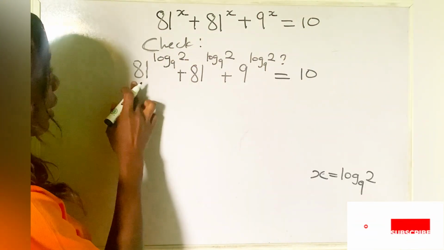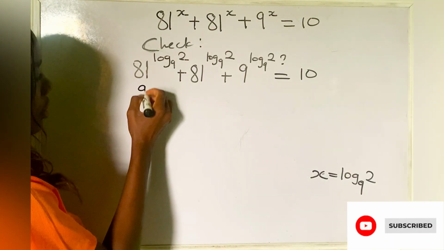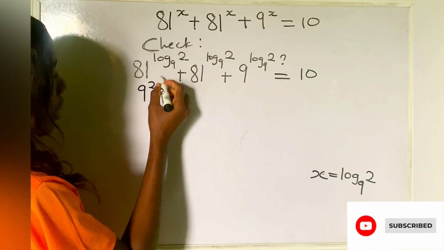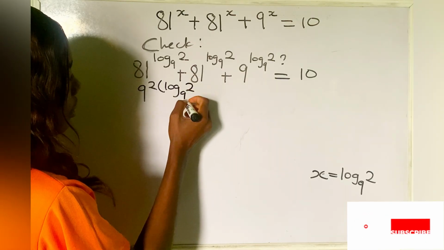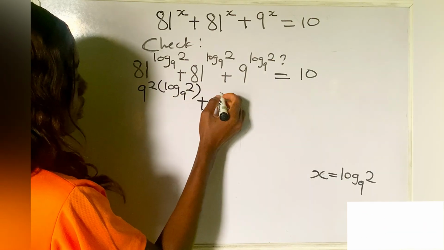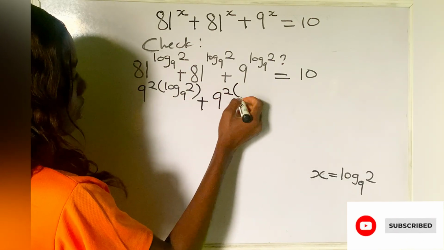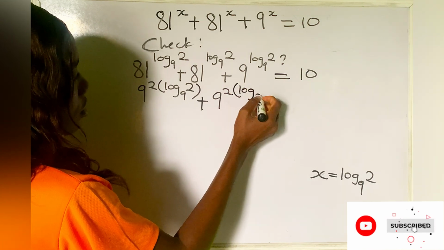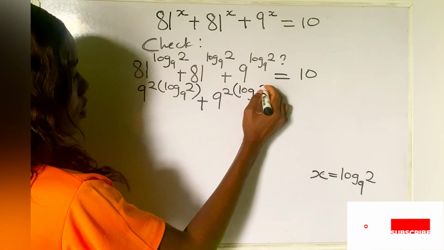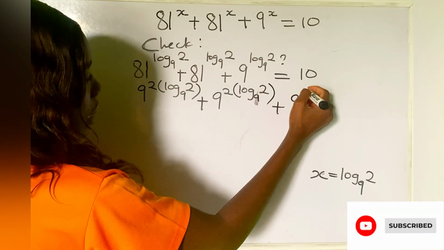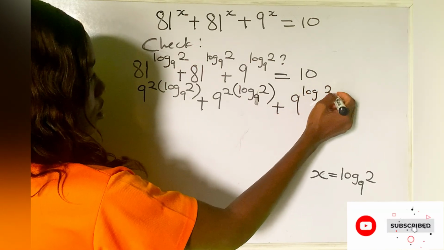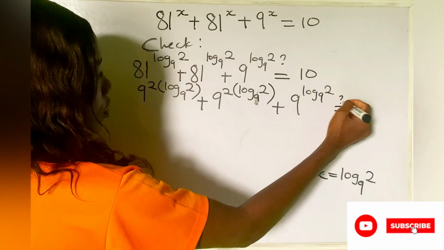Here we have 81 can be written as 9 squared. Then you have log 2 base 9, plus 9 squared again, log 2 base 9, plus 9 to the power of log 2 base 9, is it equal to 10?